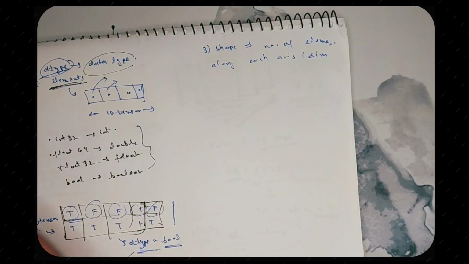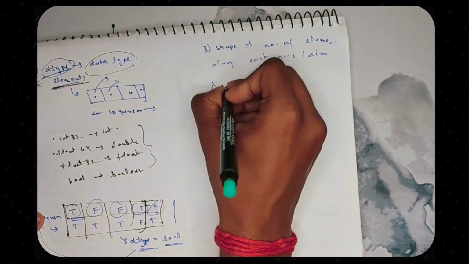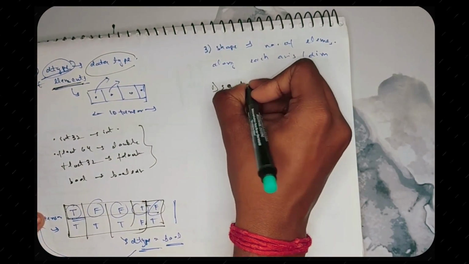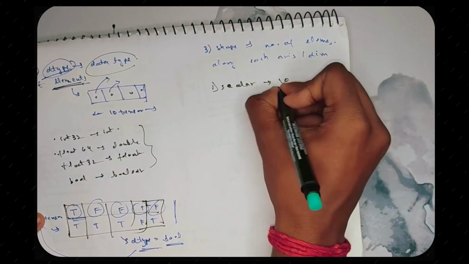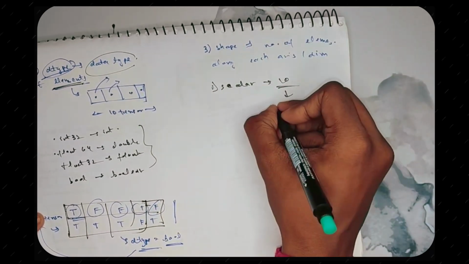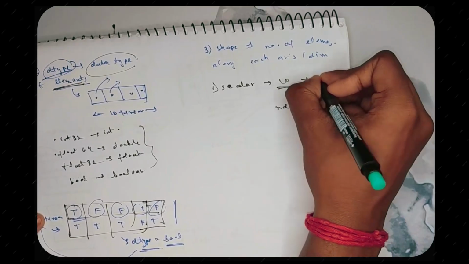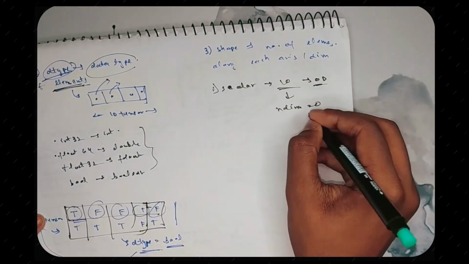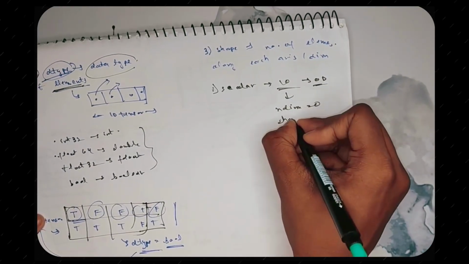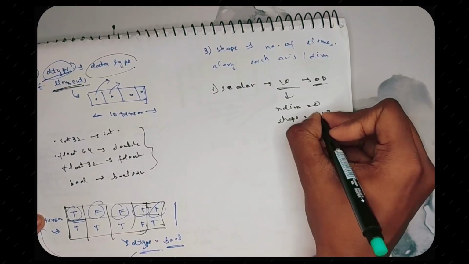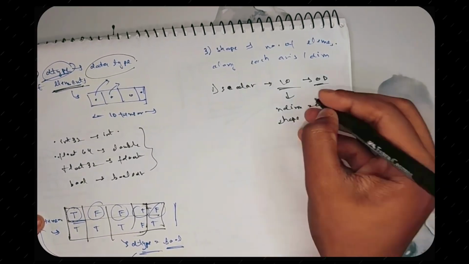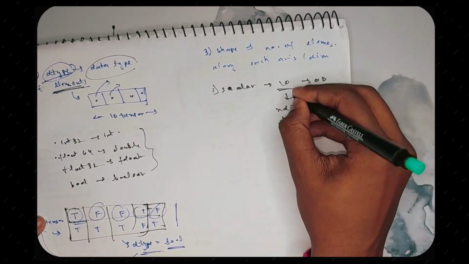Suppose at first we have a scalar, like 10. Earlier we saw that a scalar's n dimension is 0 because it is 0-dimensional data, right? So its shape is nothing but 1. Why 1? Because it just has one element, which is 10, right?